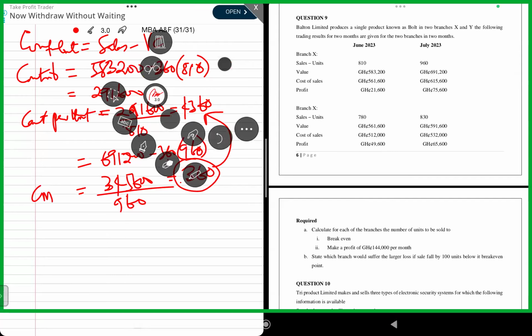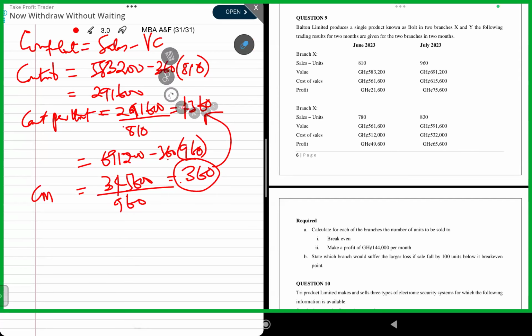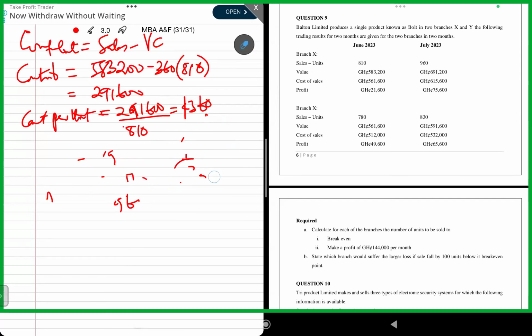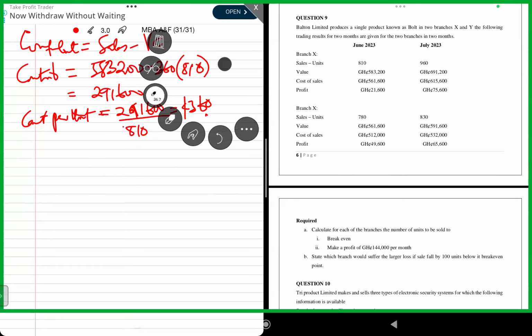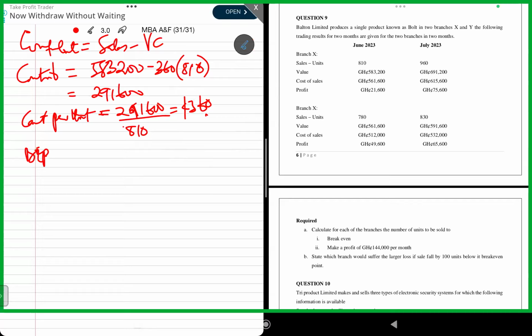So let's continue. You choose one of the months. Whichever one you choose, you get the same value. So the contribution per unit is 360. So we go back to the formula. We say break-even point in units equals the fixed cost over contribution margin.